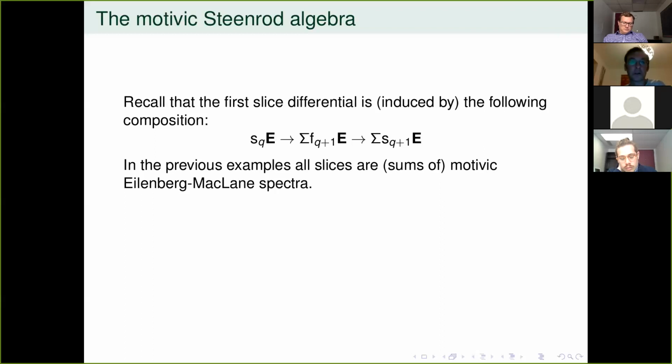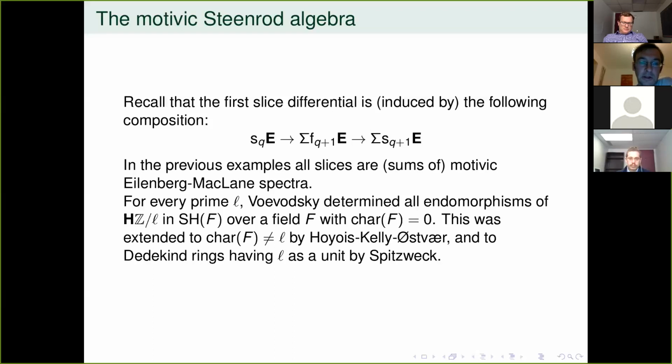So I already recalled that the first slice differential can be viewed as a map of motivic spectra. And in all the examples you've seen, the slices are sums of motivic Eilenberg-MacLane spectra. So it's interesting to know possible maps between motivic Eilenberg-MacLane spectra. In this case, the first differential will be a map raising the weight by 1.